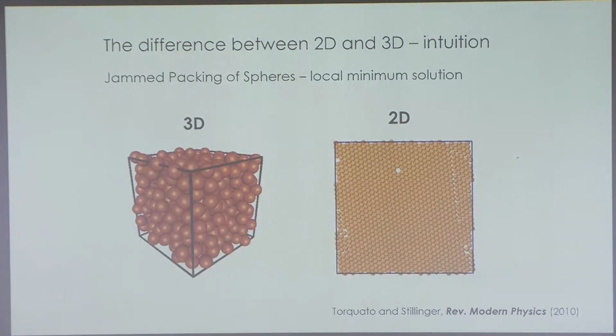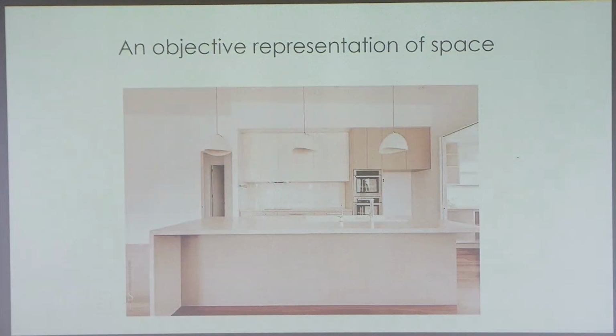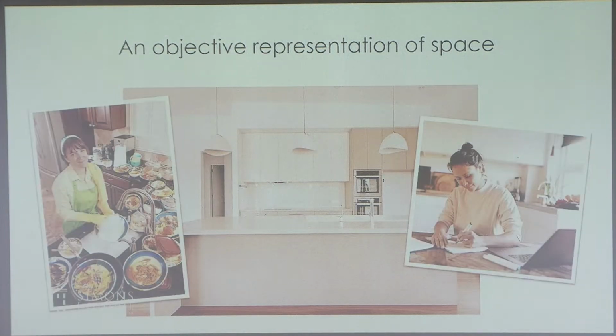But in 2D, it arrives to the global minimum solution of hexagonal lattice very quickly. Now, regardless if we're talking about 2D or 3D, what we know about the brain and grid cells and other cells in the brain, that they have an objective representation of space, regardless of what it is we do or the actions we take.